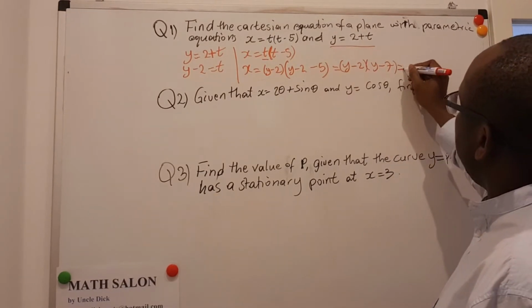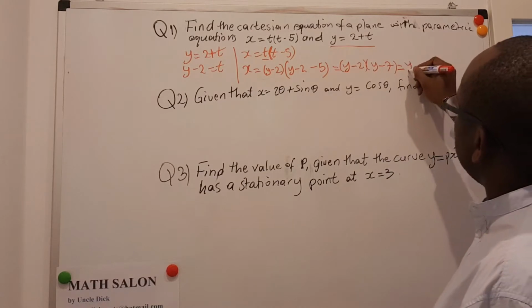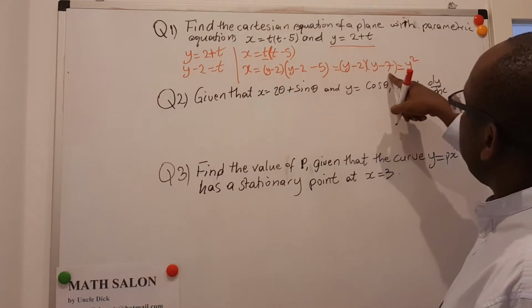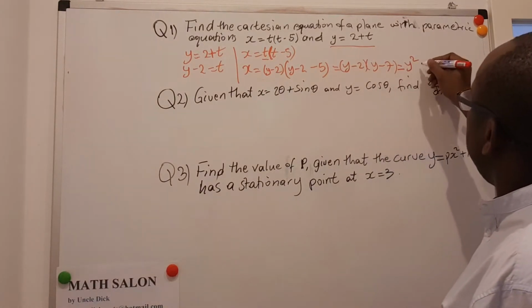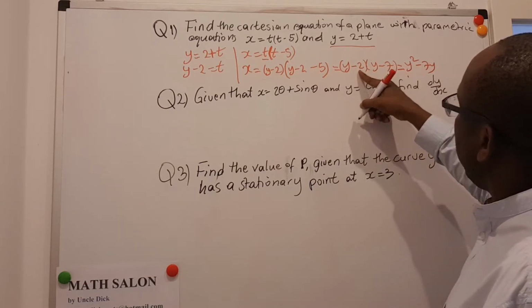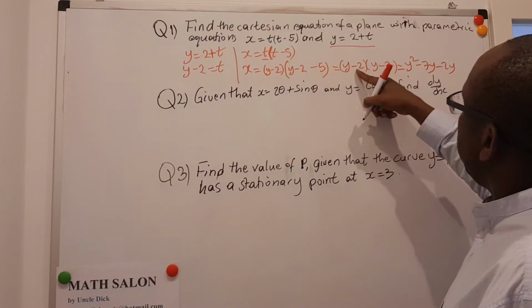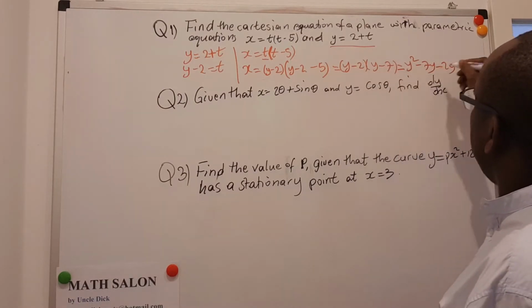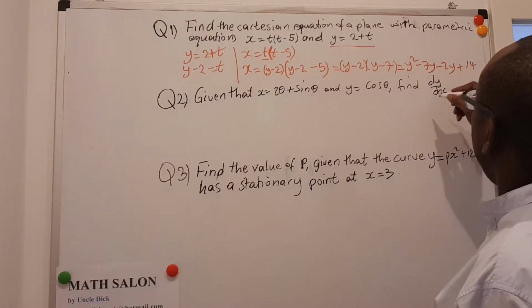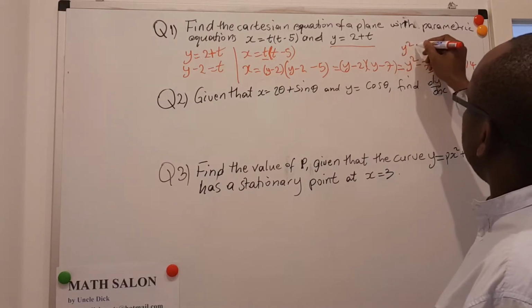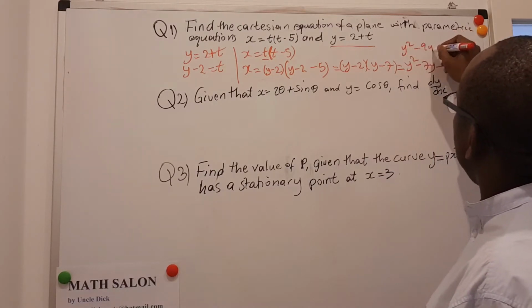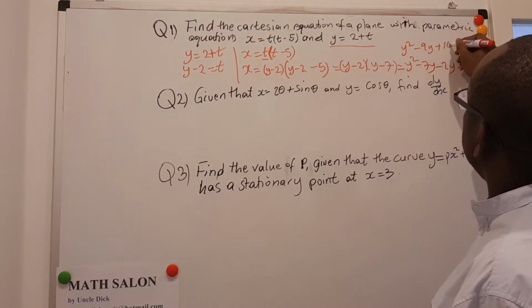You open this up, y times y is y squared. Y times minus 7 is minus 7y. Minus 2 times y is minus 2y. Minus 2 times minus 7 is plus 14. So this ends up being just y squared minus 9y plus 14.